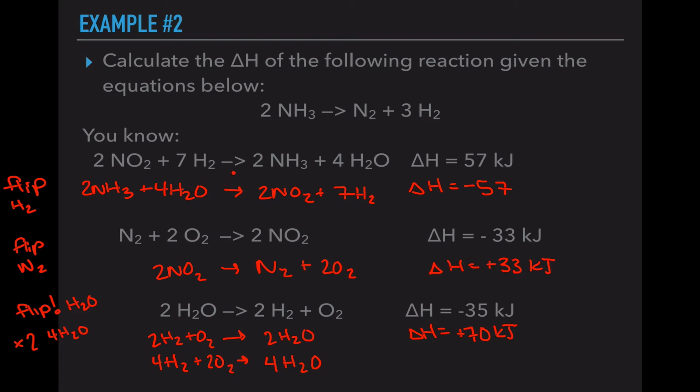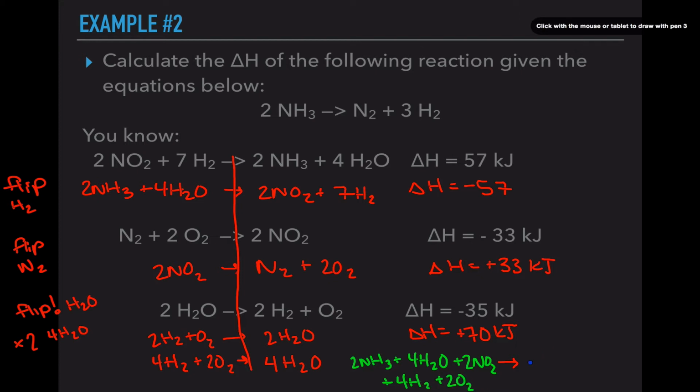Now I'm going to drop this line down, and I'm actually going to write this on this side because I'm going to run out of space. My left-hand stuff I'm going to do in green again. So I have 2 NH3 plus 4 H2O plus 2 NO2 plus 4 H2 plus 2 O2.